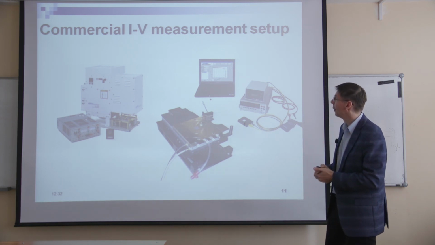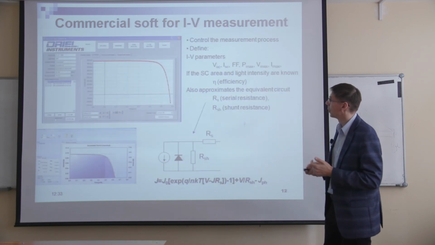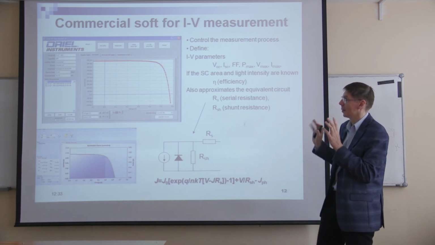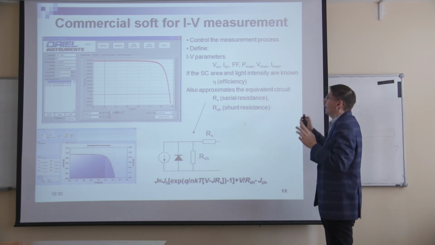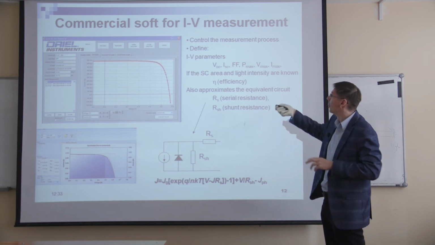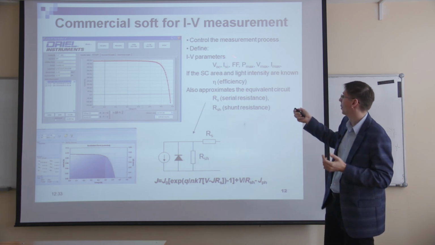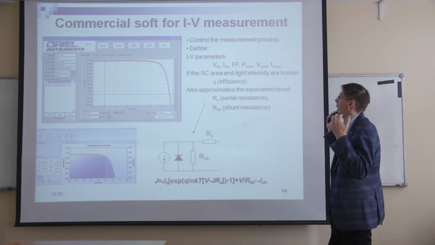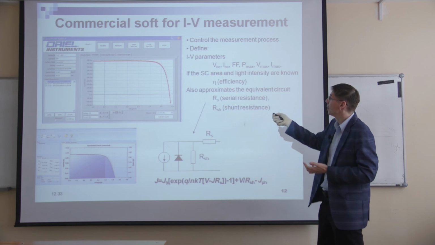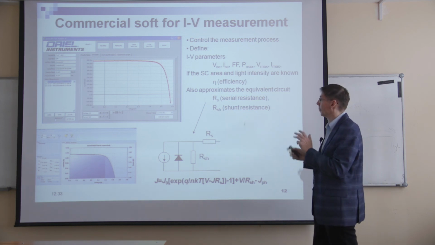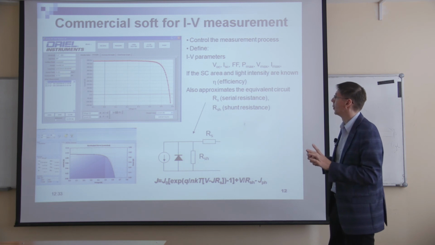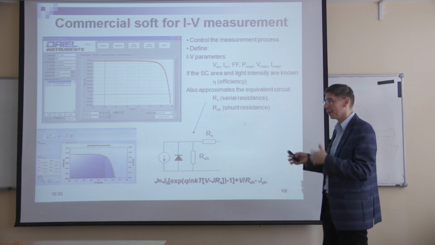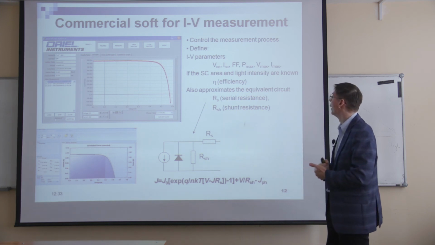Quite often there is software provided with these systems, and this software allows you to get information about the main parameters like VOC, short circuit current, fill factor, and maximum power. Now you can simply calculate the efficiency if you know the area, and actually it's the only parameter you need because the intensity you already calibrated using the reference solar cell.